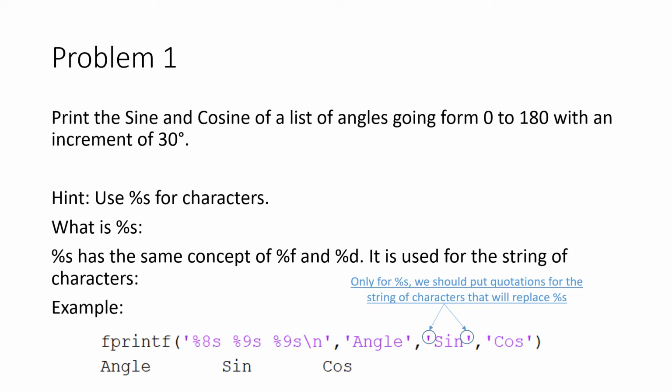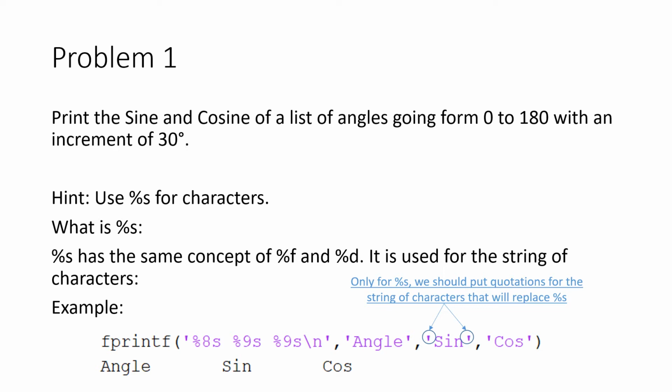Okay, so %s, guys, is very similar to %f and %d. It has the same function, the same concept, except that this is only used for characters. Since I need to print angle, sine, and cosine, I have used %s.